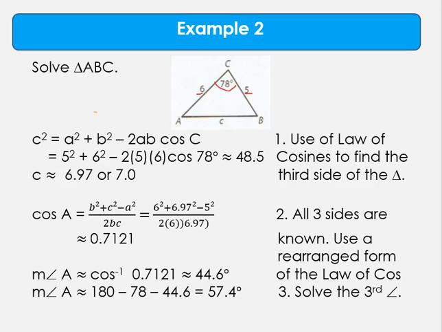And this will be approximately 48.5. So if c squared is 48.5, the square root of 48.5 is approximately 6.97 or 7.0. If you're finishing at this point and you were just going to state the side length, you would say 7.0. But we're actually going on to solve an angle, so you'll use the 6.97 because we're not finished with the equation.